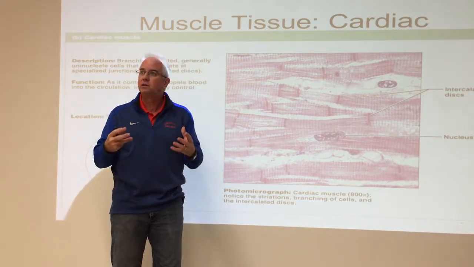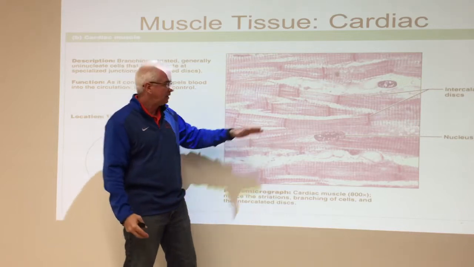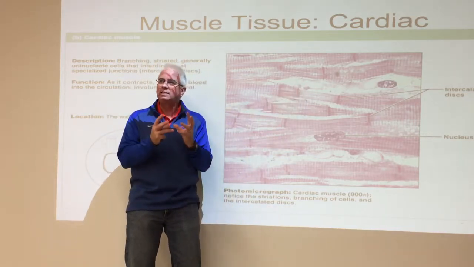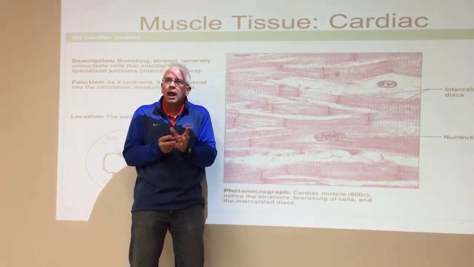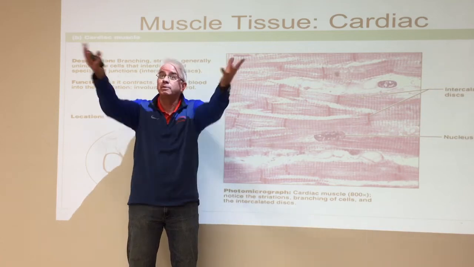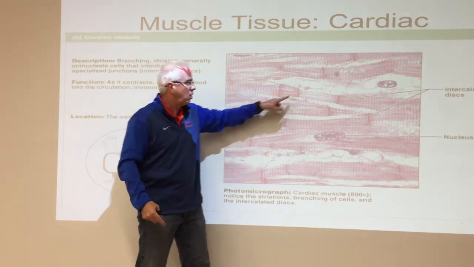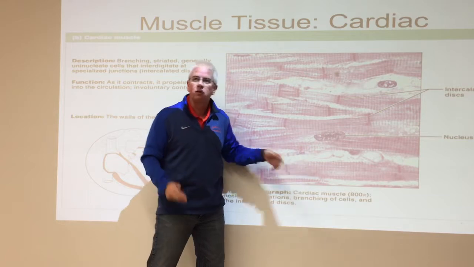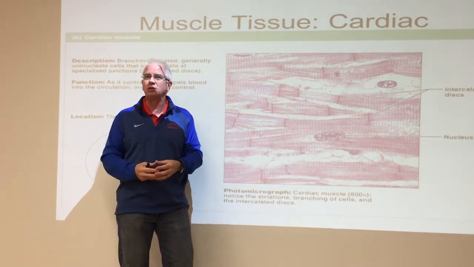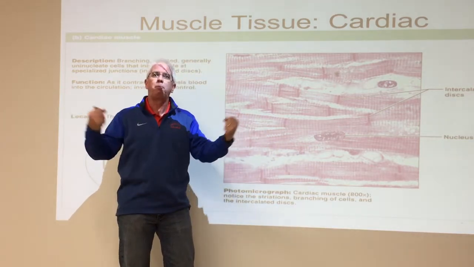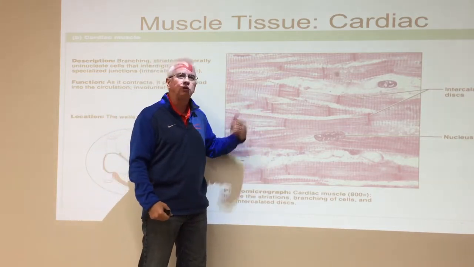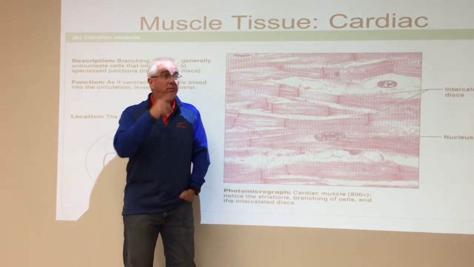That's how the heart generates its force, because it is interlaced with a fibrous skeleton. And when you look at it histologically, it jumps out at you. That is the heart skeleton right there. Those are the bones, if you will, that the heart is contracting against. It's what they're pulling on, the connective tissues between the cells. So that's an important sign.